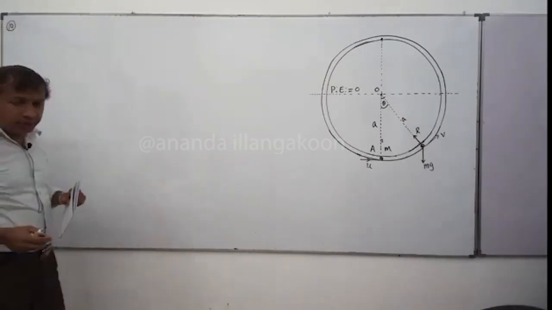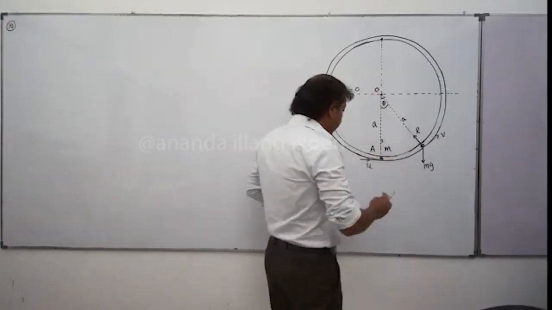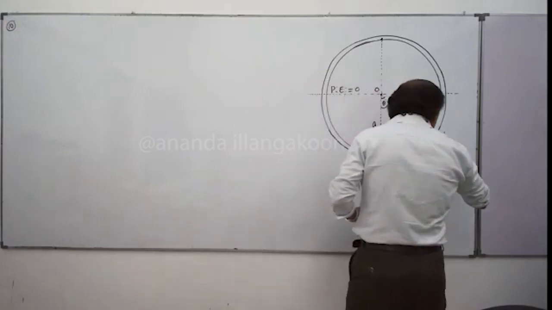Now, in this case, again, we can apply conservation of mechanical energy and F equals ma towards the center. This is t equals 0 instant. This is t equals t instant.